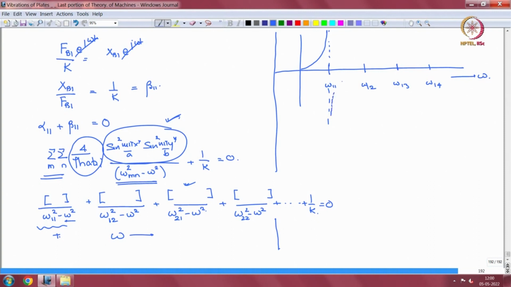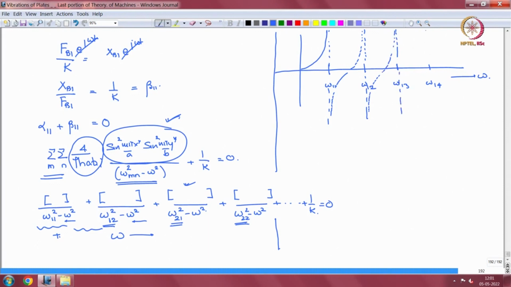Then somewhere it goes to 0 because of these two terms. Then as omega approaches again from below, because omega 1 2 is higher and omega 2 1 is further higher, that is the assumption, it goes to positive infinity again. Just as it crosses omega 1 2, it is negative infinity, and this continues.